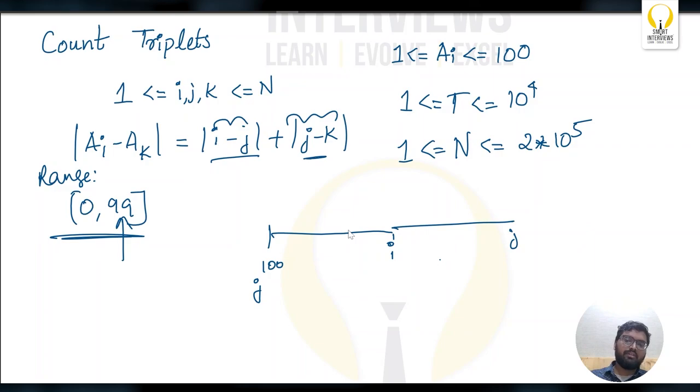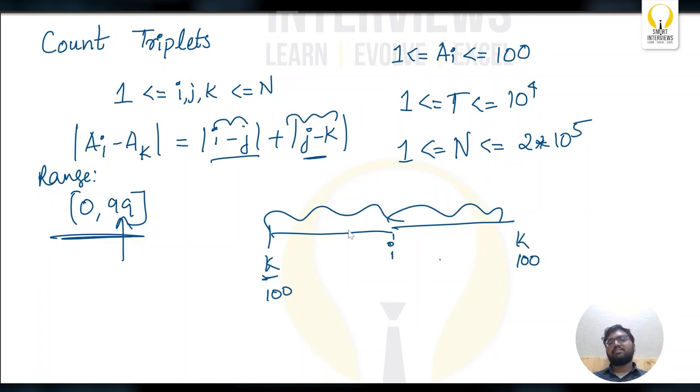Similarly, j can be 100 steps to the right of i, and the same for k. So k can lie 100 steps to the left or 100 steps to the right. Basically the difference won't be greater than this.